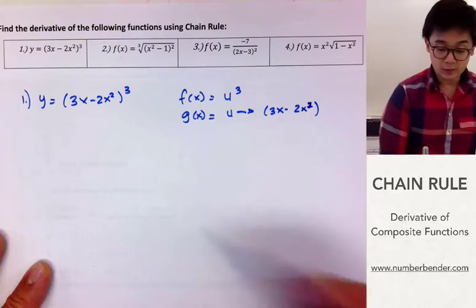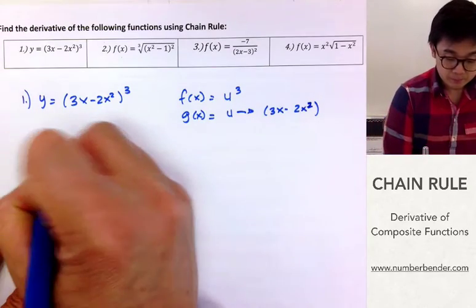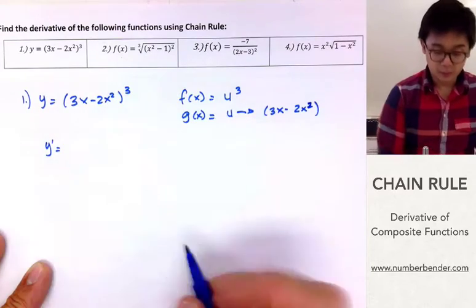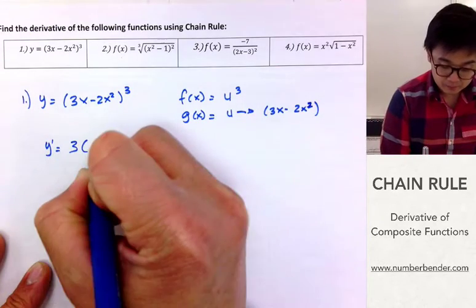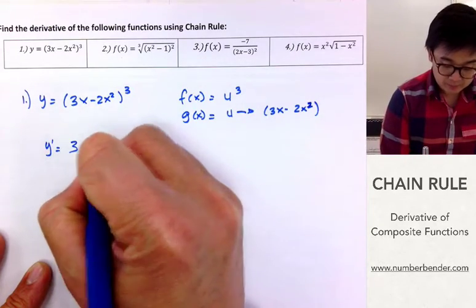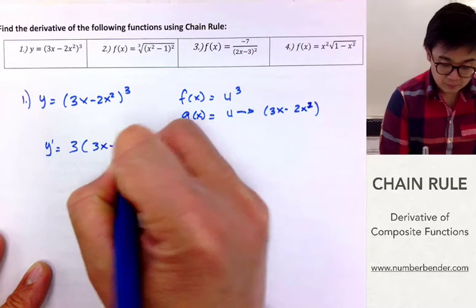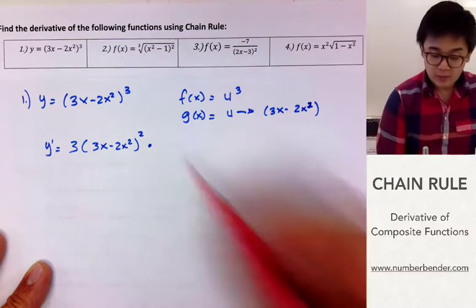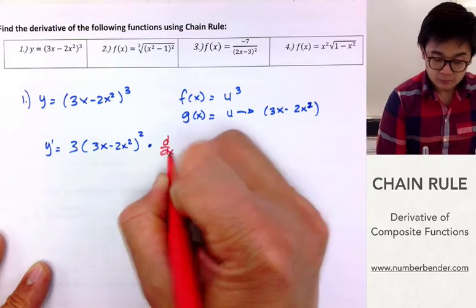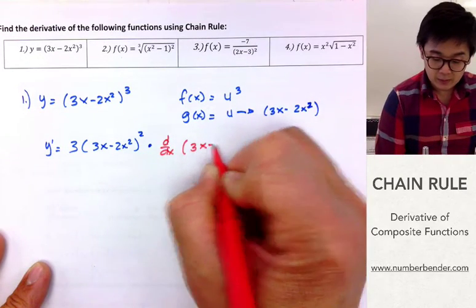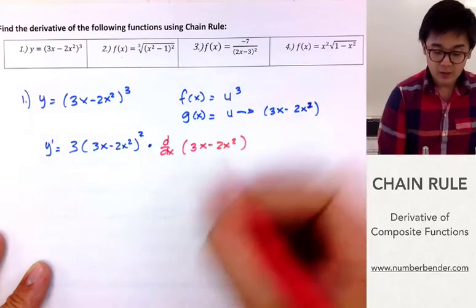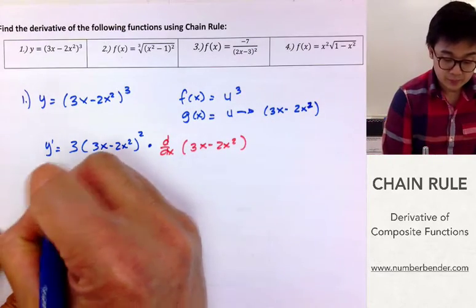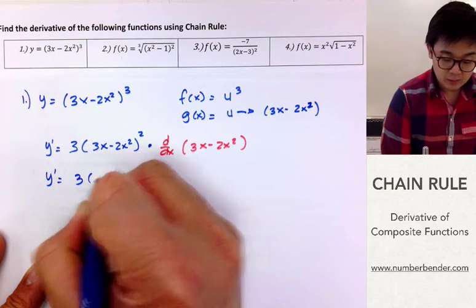So in this case, we will be using the chain rule to find the derivative of this function. So y prime will be the derivative of u cubed, which is parenthesis cubed. We'll have 3, copy the inside, raised to the second power, and multiplied with the derivative of 3x minus 2x squared. On the second part of our derivative, the derivative of 3x is simply 3.